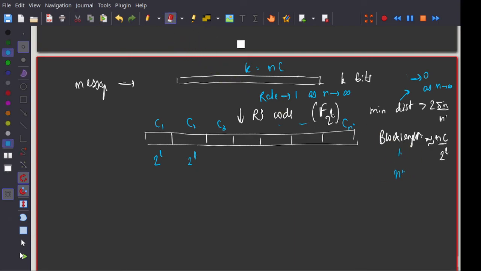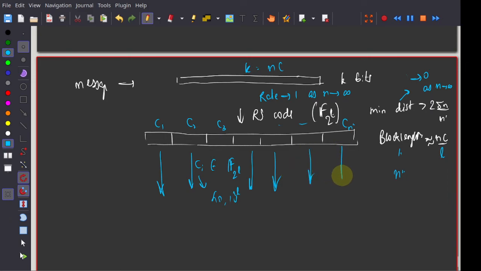So really, I should be taking this as not nC by 2 to the L, it should be nC by L. I can view each of these c_i's: c_i is in F_2 to the L, but I can also view them as binary strings of length L. And then what do I do? I'll encode each of these messages, or each of these code symbols, or each of these blocks, independently using a capacity achieving code.